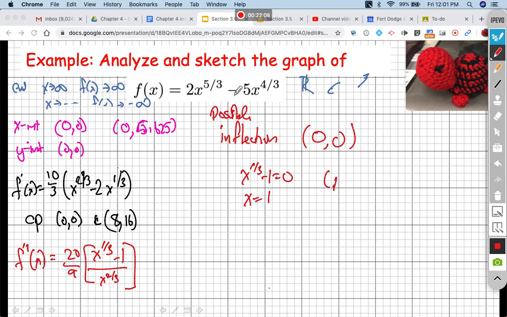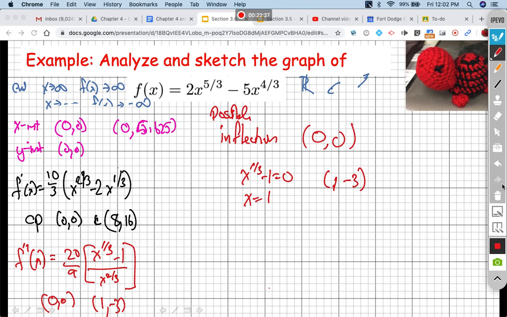So we plug 1 into this function: 1, 1, we got 2 minus 5, that's a negative 3. So these are my possible inflection points: 0, 0 and 1, negative 3.